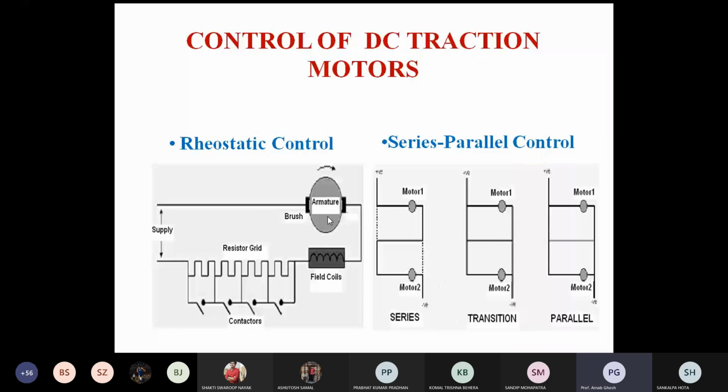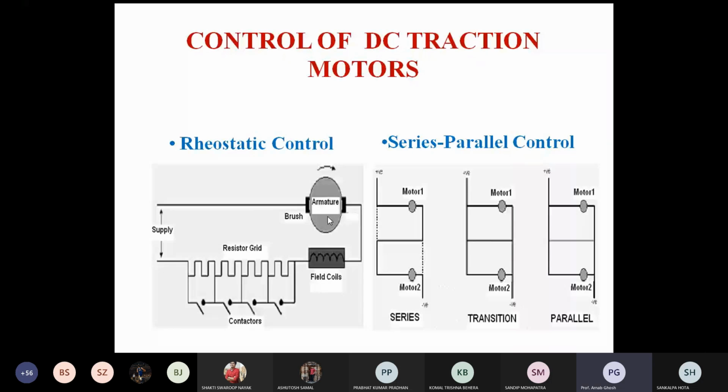Payload is also a very familiar term in satellite design. Dead load is a very common terminology.